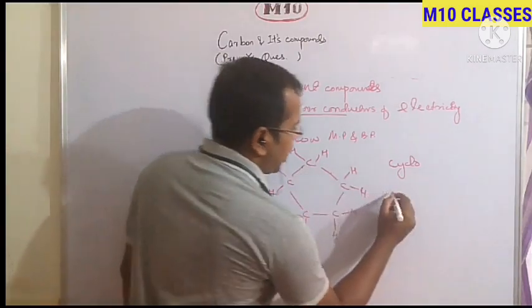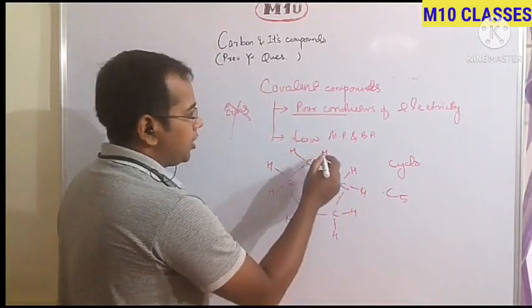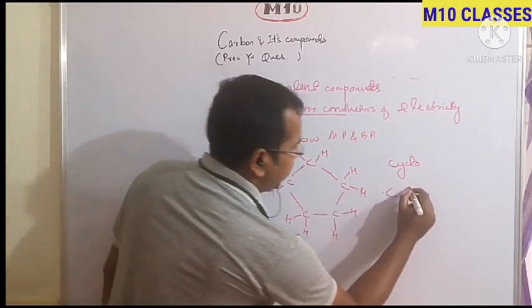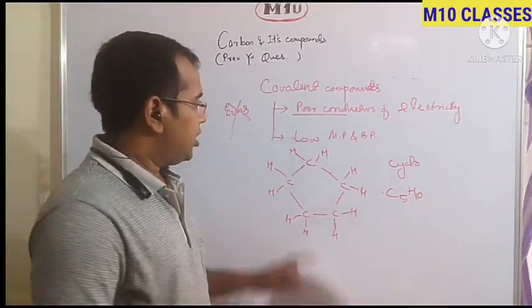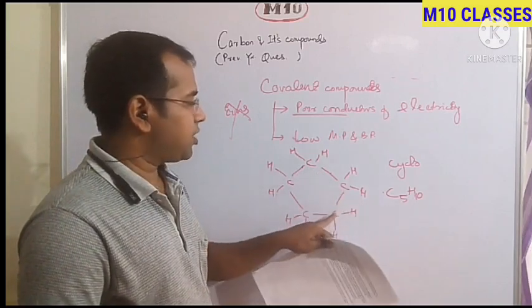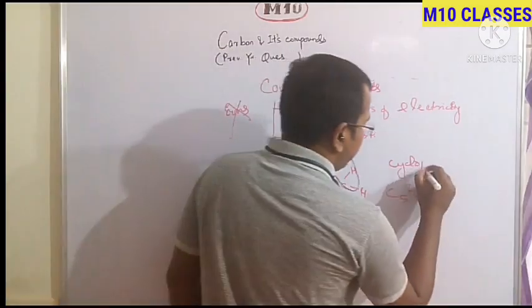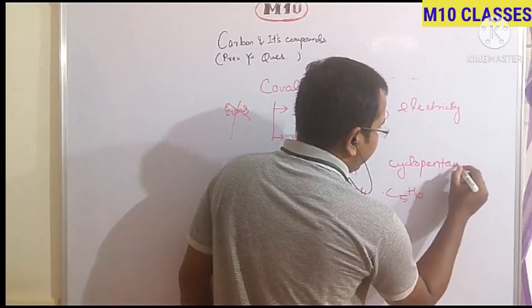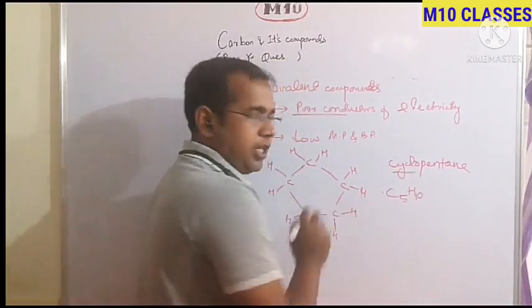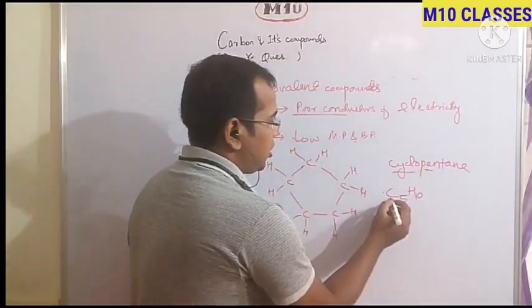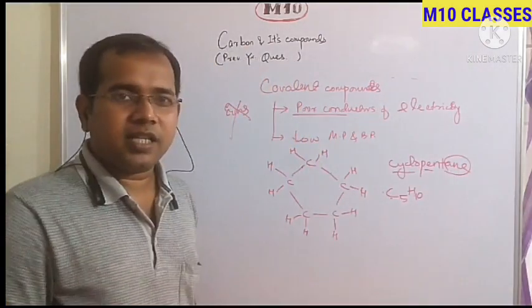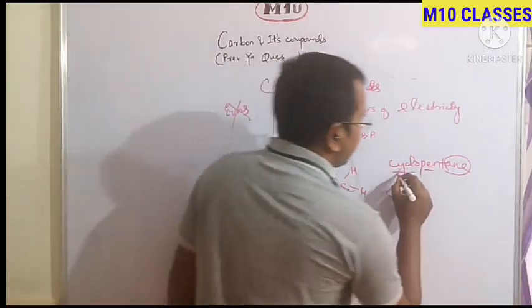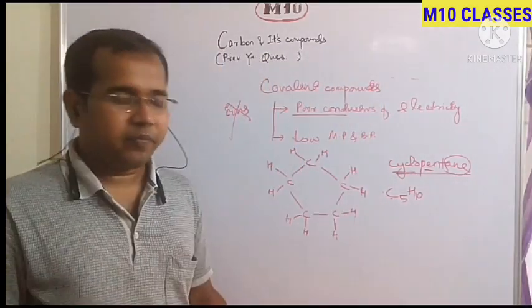So there are 5 carbons, C5, and the number of hydrogen is 10. So this is C5H10. The number of carbon atoms is 5. So the name will be cyclopentane. Cyclo for the ring structure, pent for the number of carbons, ane, this is an alkane, a saturated compound. That's why it is cyclopentane.